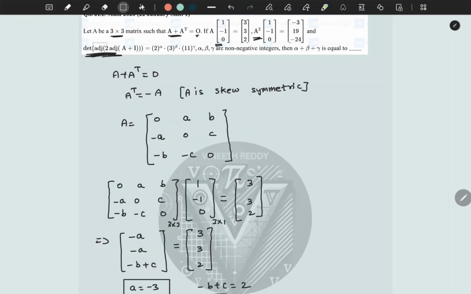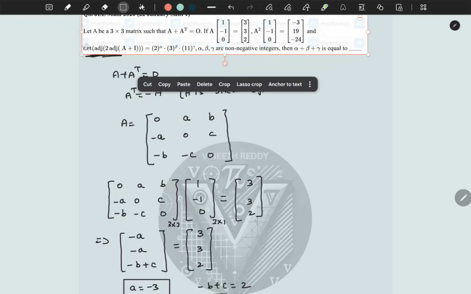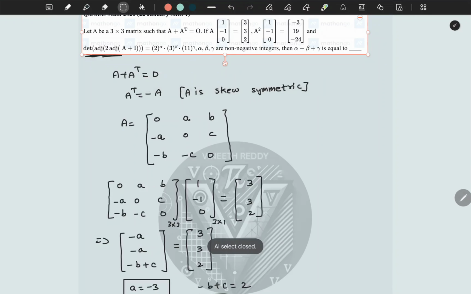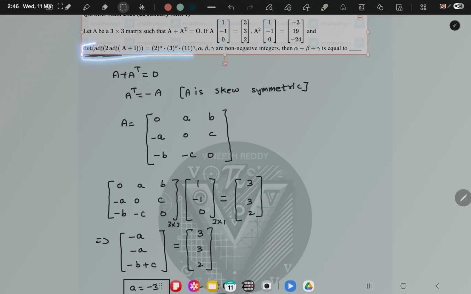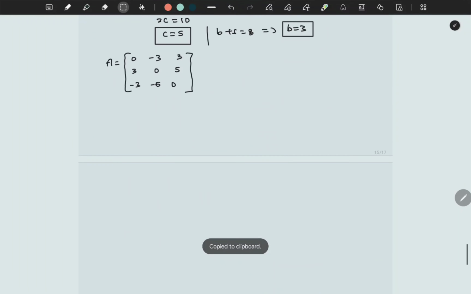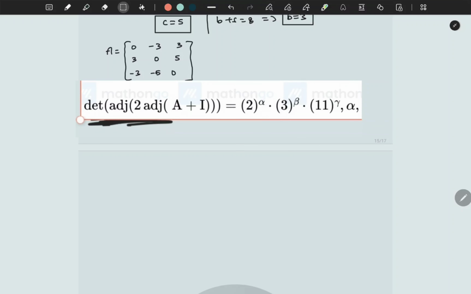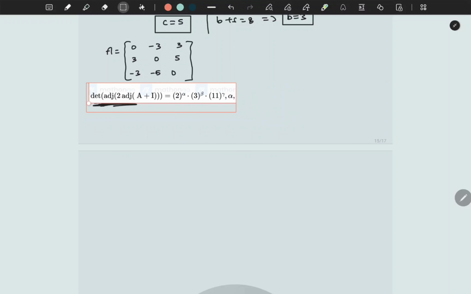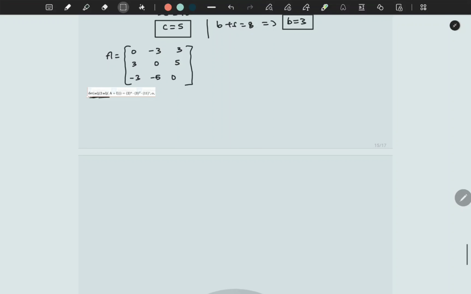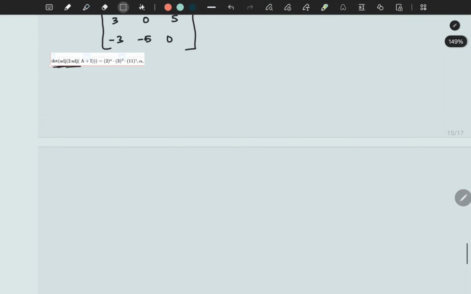We'll copy this part and paste it here so that we can avoid scrolling up and down.